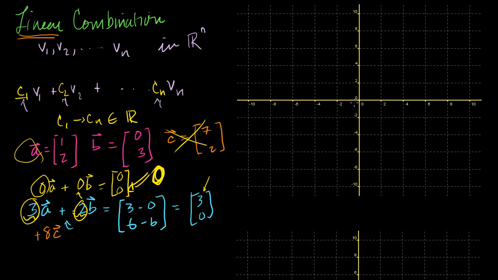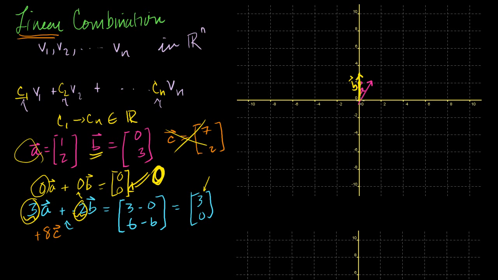So let's say A and B. A is 1, 2, so 1, 2 looks like that. That's vector A. Let me do vector B in yellow. Vector B is 0, 3, so vector B looks like that. So what's the set of all of the vectors that I can represent by adding and subtracting these vectors?